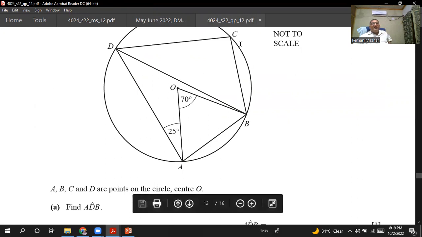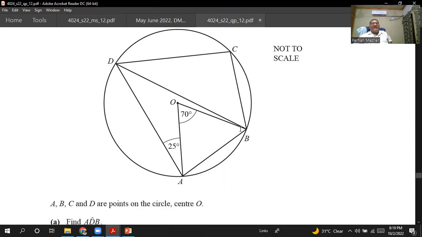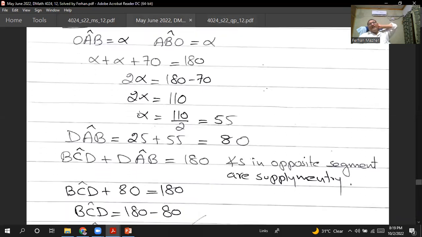And you can see that ABCD is a cyclic quadrilateral. So the angle BAD and the BCD, they are the angles in the opposite segments, and their sum will be 180. So this is 80. So how much will be this angle? Very easily I can find out. You see the BCD plus the DAB will be equal to 180.